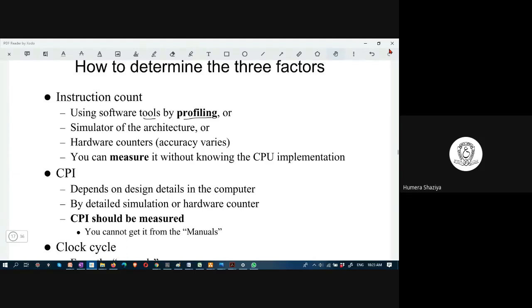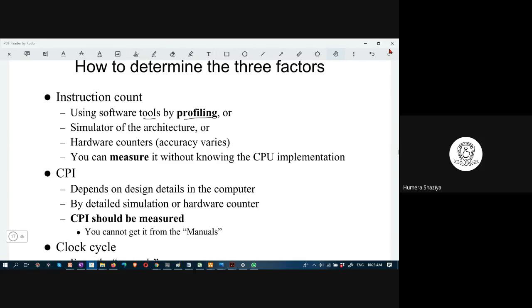There would be software tools; for example, when you use Turbo CPP, you might have an option there which says profiling the program. This profiling would give the approximate or actual instruction count.